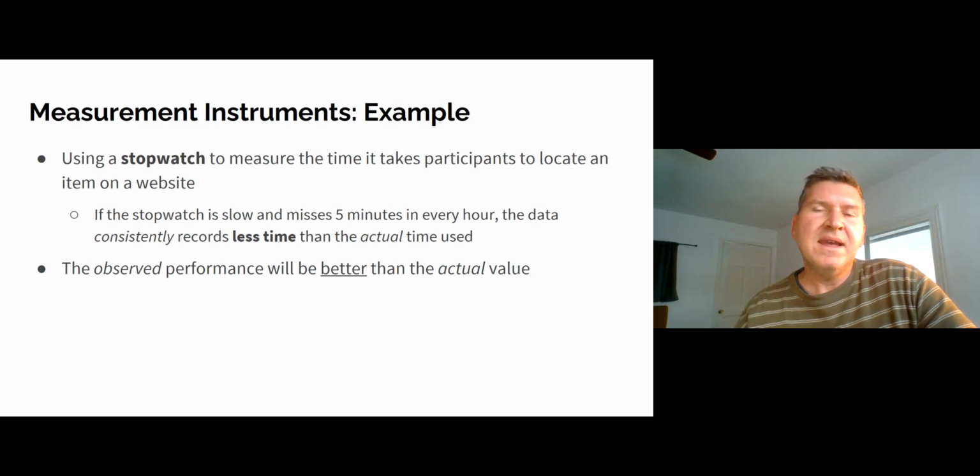So if I say, here's a Where's Waldo book, let's see how many times you can find Waldo in an hour, but the actual measurement is 55 minutes instead of an hour, it's going to undercount the amount of time, and the number of times that subject found Waldo in the book is going to be over 55 minutes instead of an hour. So their performance is actually going to be better.